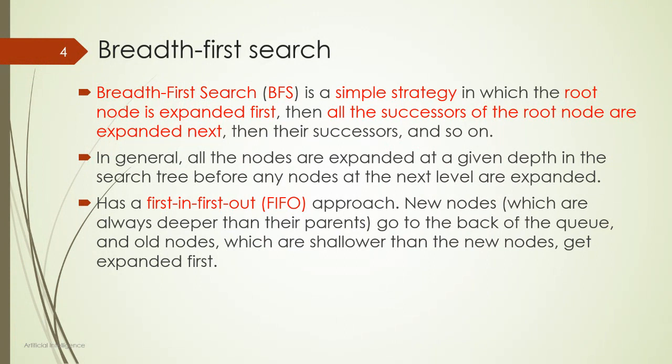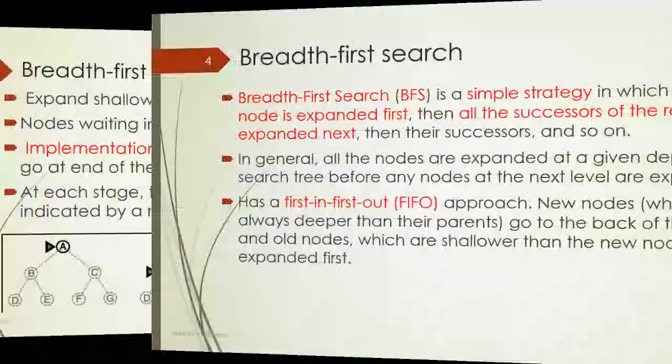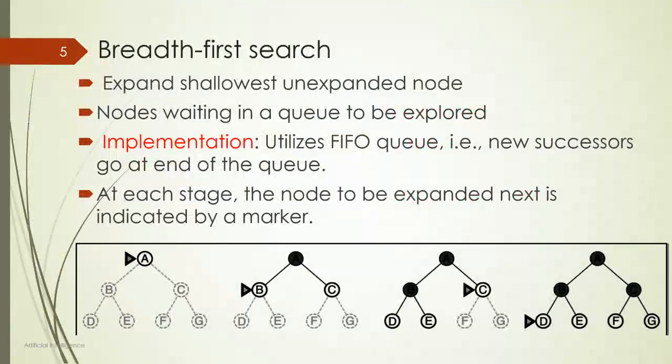It has a first in, first out approach. New nodes, which are always deeper than their parents, go to the back of the search queue. I give you an example just to show how it works, and I hope that example makes it clear how we do search.